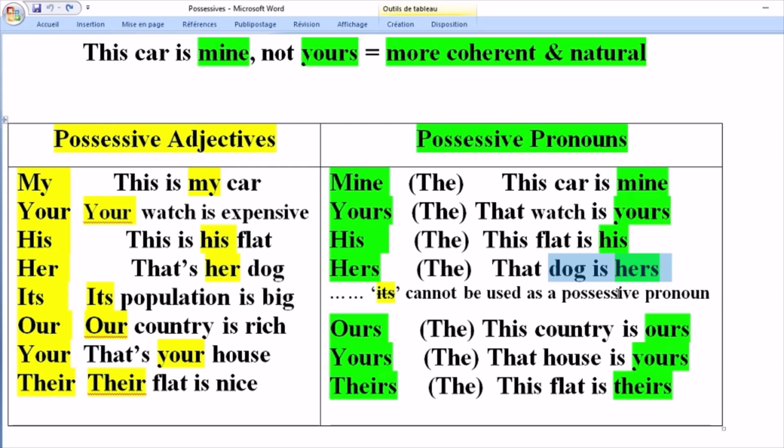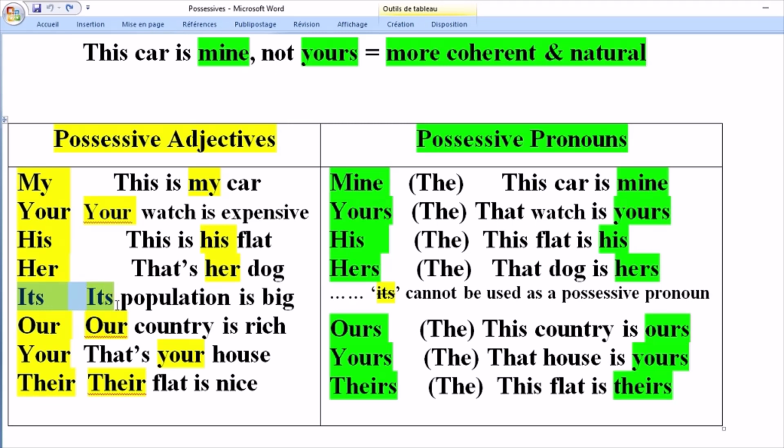But of course here we don't need to repeat dog again, just it's hers. Next, its population is big. For example, a big country like China has got a big population. Its population is big. But the problem here is that it cannot be used as a possessive pronoun. It is just a possessive adjective.